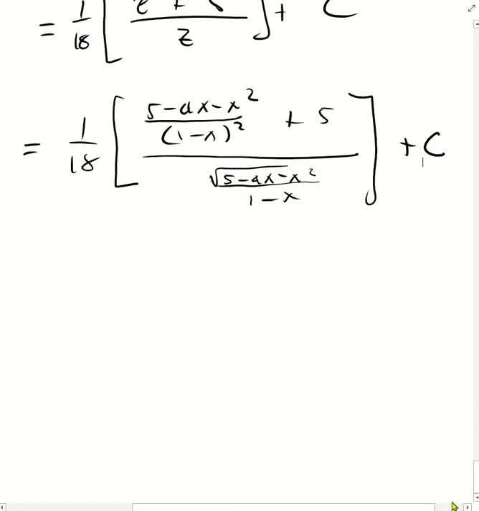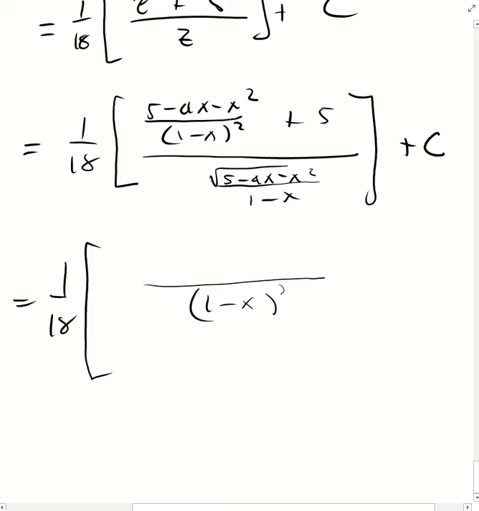Then simplify further. We can simplify this further by adding the numerator. So 1 over 18, then numerator 1 minus x squared, then we have 5 minus 4x minus x squared.